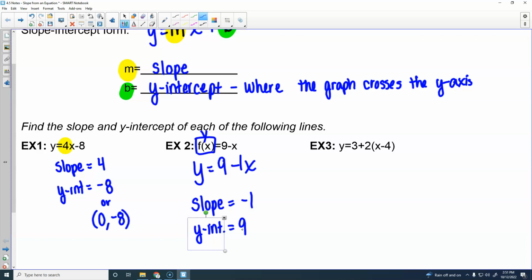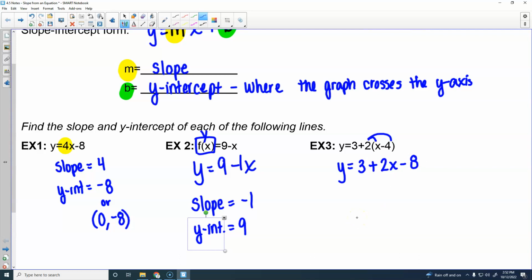What about 3? This is going to need a little work before we can do this, right? Okay, so we need to distribute that 2 first because we need this to be boiled down to y equals mx plus b. So y equals 3 plus 2x minus 8.